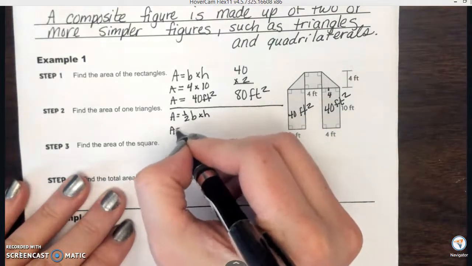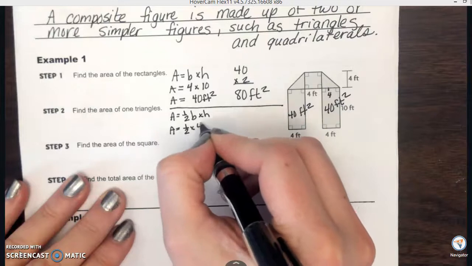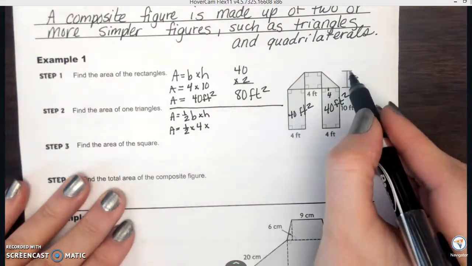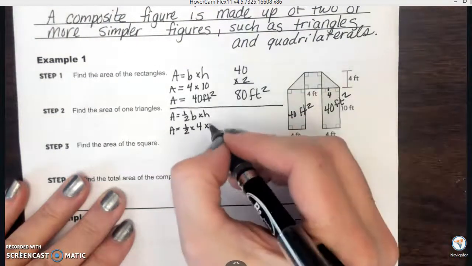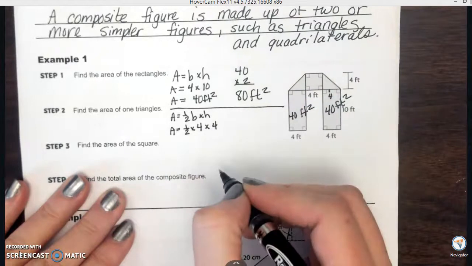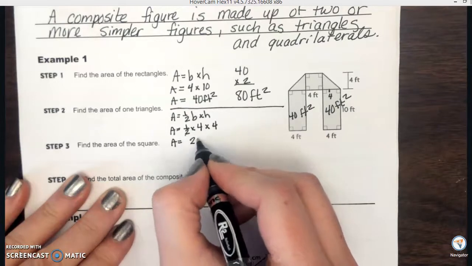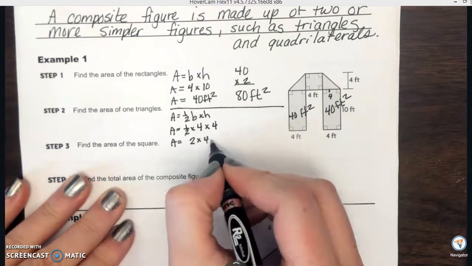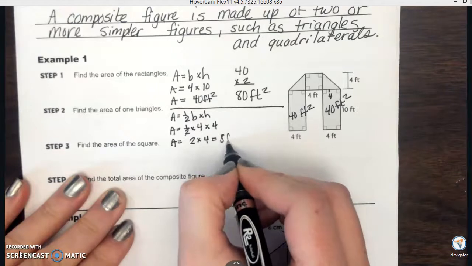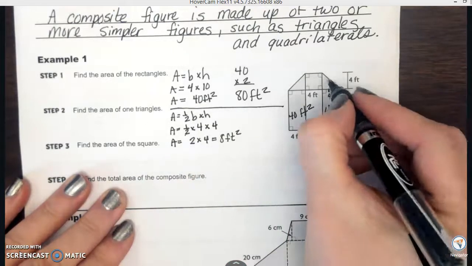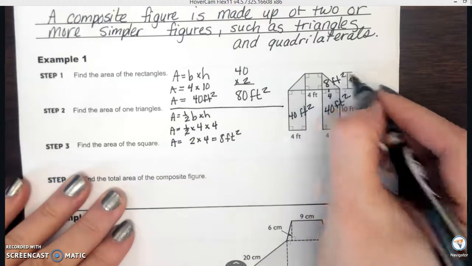So we're going to say area equals half of 4 times, and this right here is showing me the height. So that's 4. So half of 4 would be 2, and 2 times 4 would be 8. So this would be 8 feet squared.